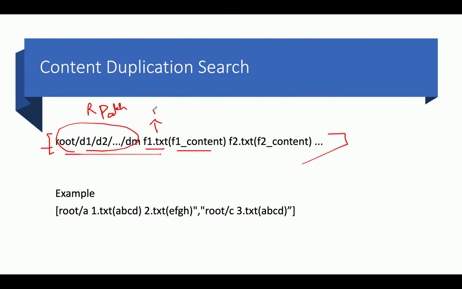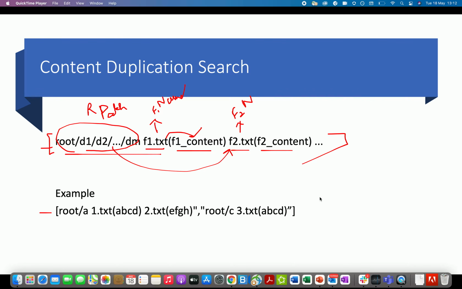So this is the file name, F1 name, and the content associated with this file is specified within these brackets. Simultaneously, we are given F2 as well. So the root path is the same for this F2 too. So this stands for file2 name and content F2 underscore content.